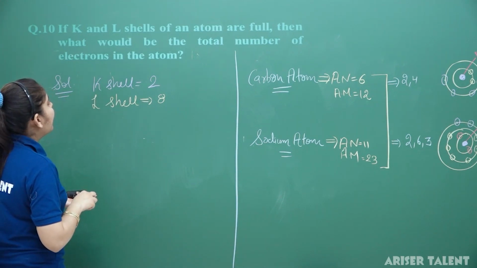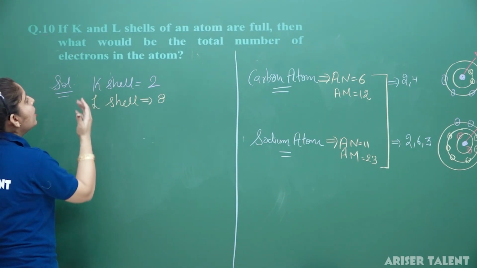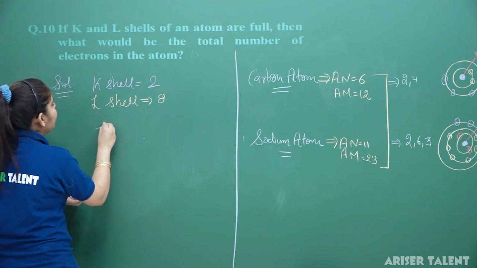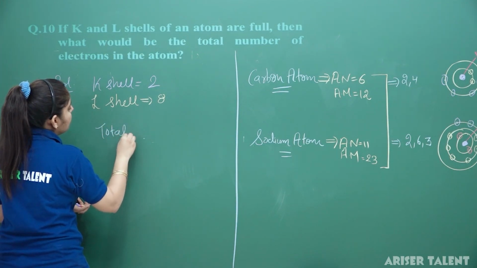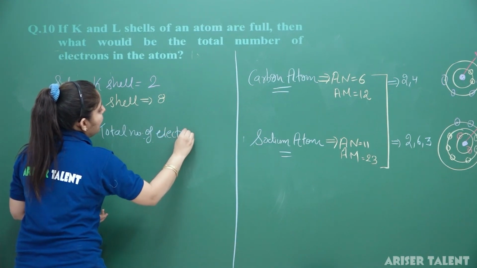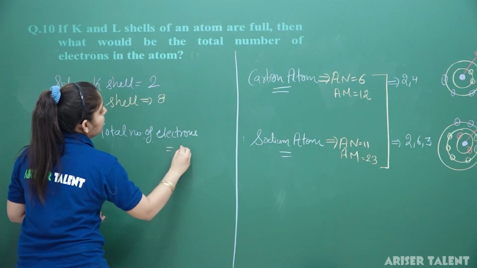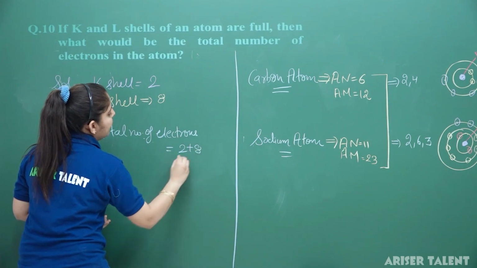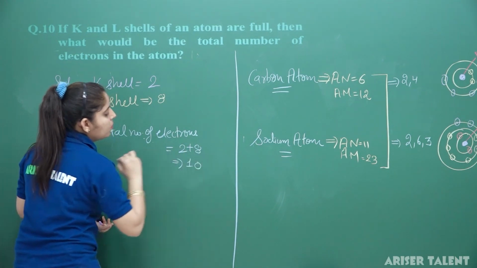So now if we want to write the total number of electrons in both the shells, what we will do? Total number of electrons will be 2 plus 8, that is equal to 10.